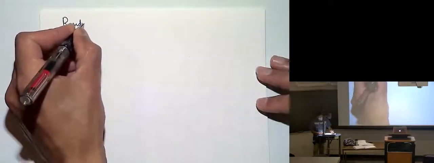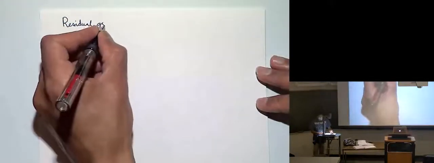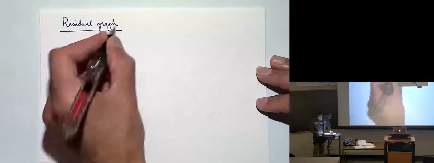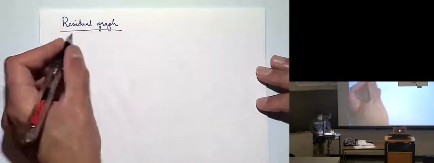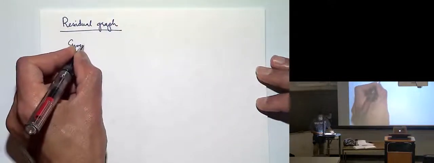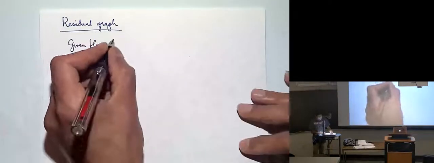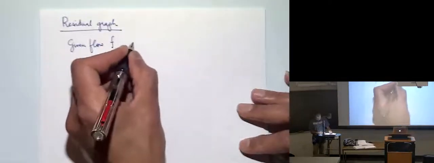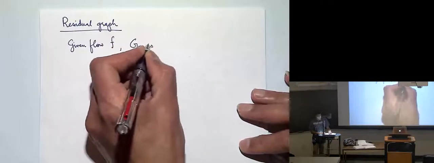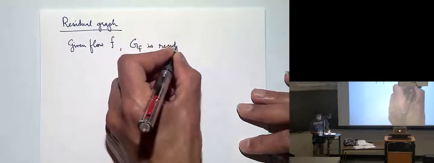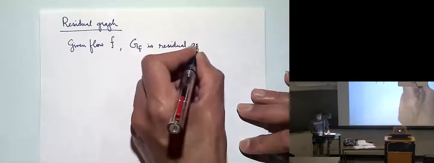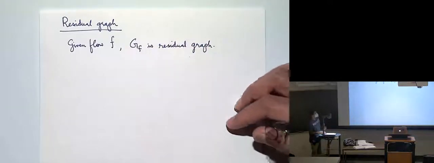So the key construct of the Ford-Fulkerson algorithm is something called the residual graph. Given a flow f, G_f is the residual graph.